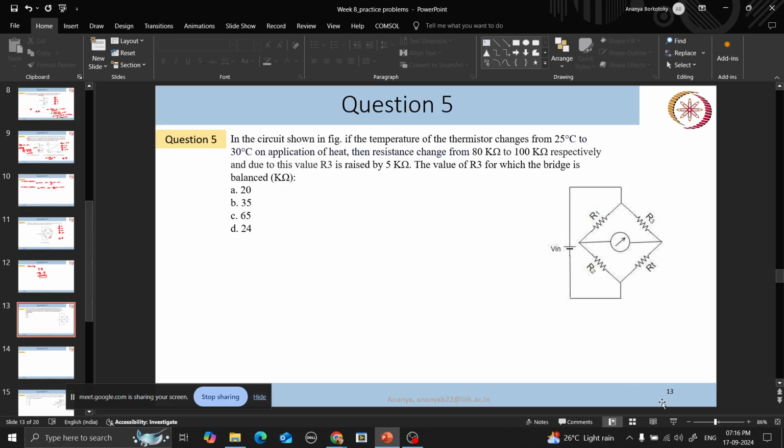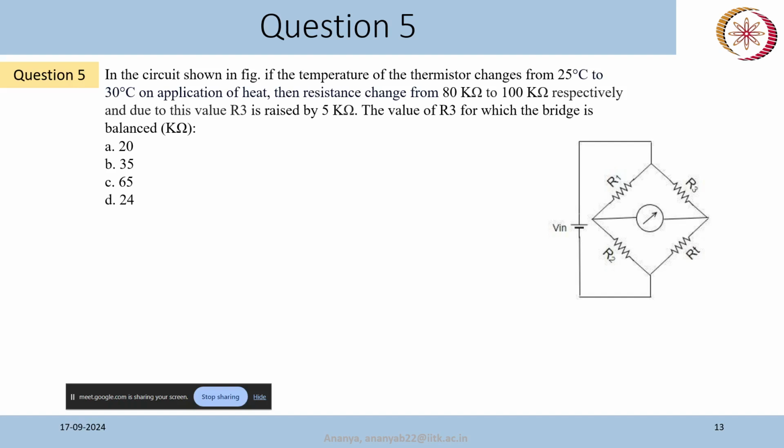Go to the next question, question 5. In the circuit given in this figure, if the temperature of the thermistor changes from 25 degrees Celsius to 30 degrees Celsius on application of heat, then resistance changes from 80 kilo ohm to 100 kilo ohm respectively.